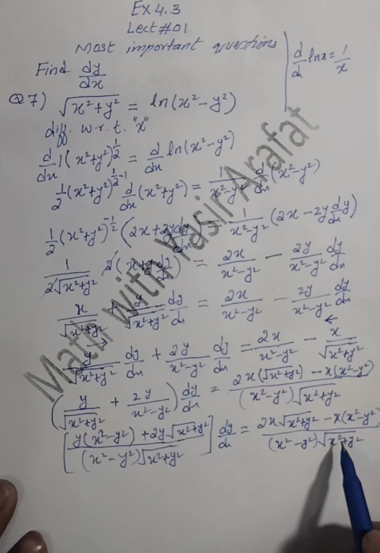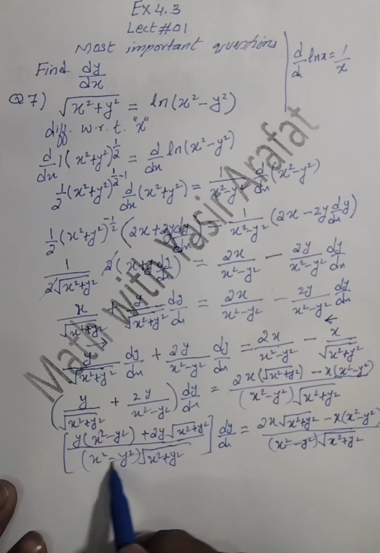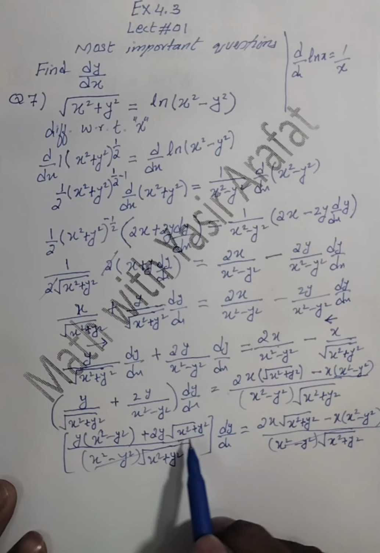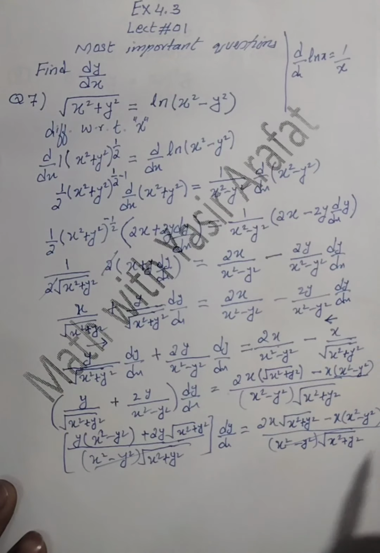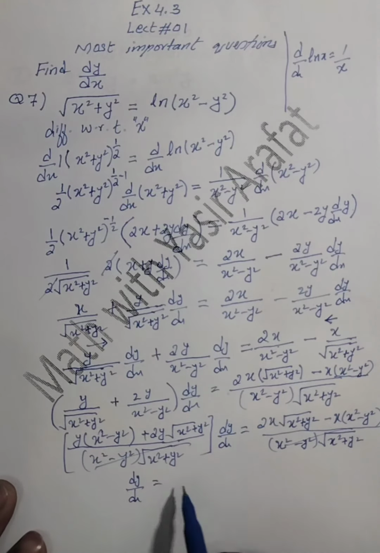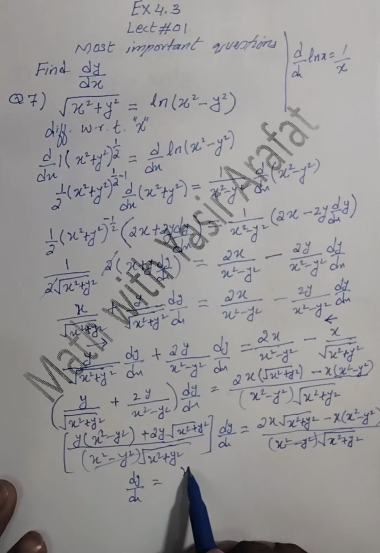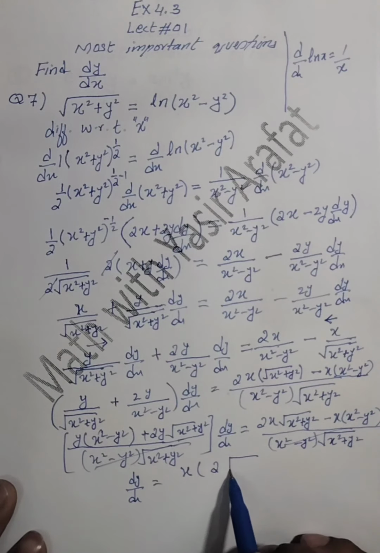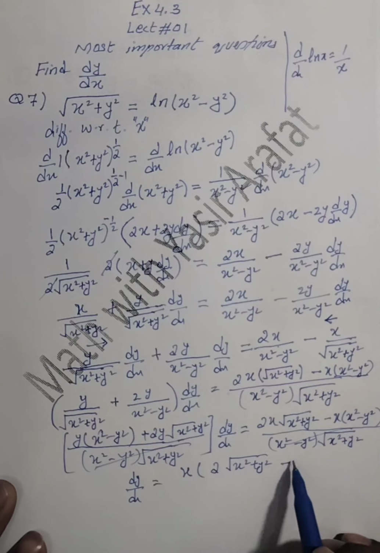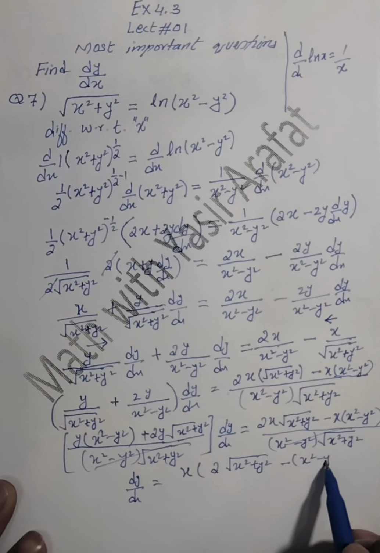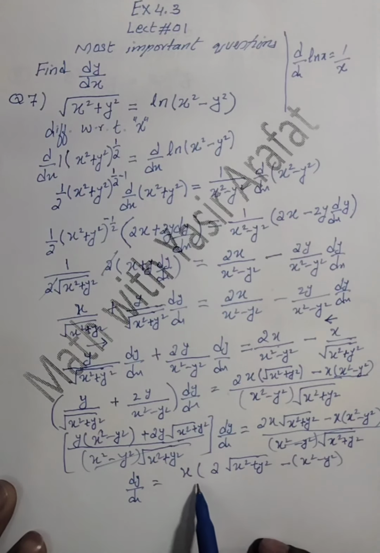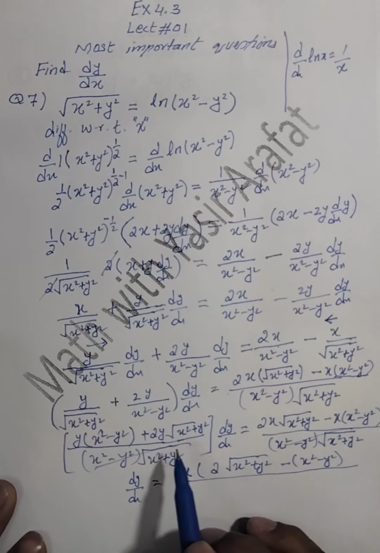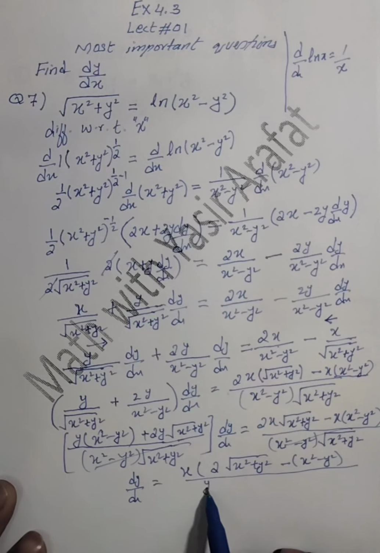Now dear students, the whole denominator will cancel out to this one, and this is in the product form when we have to shift to the right hand side. So then we have the value of dy upon dx here, that is take out x common from the numerator, and this is x square y square minus x square y square whole divided by, here we can take out y common as well.